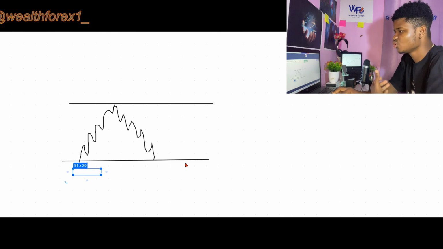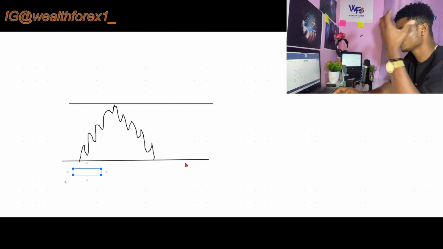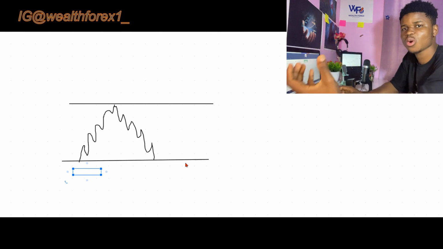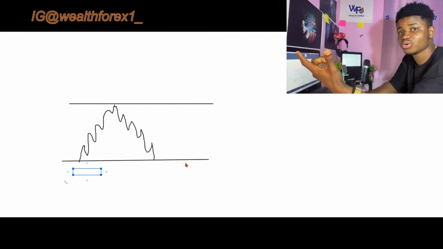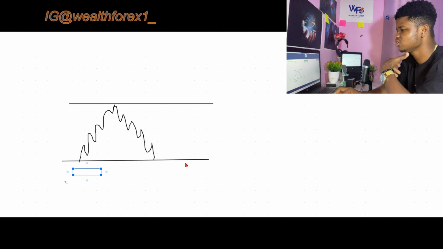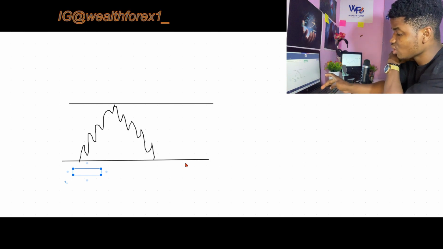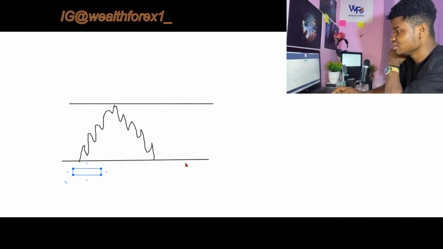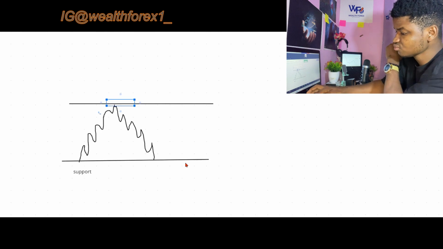When we say support, it means something that is pushing price up. So all we want to see is an upward movement from the support. So we're going to name the first line below as our support, and this will be our resistance. I'll be telling you some things you should expect from support and resistance very soon.